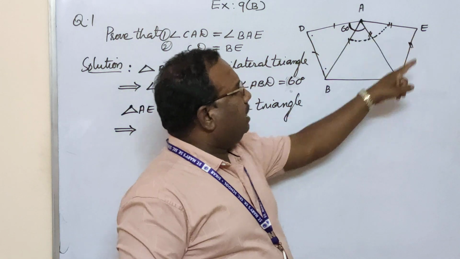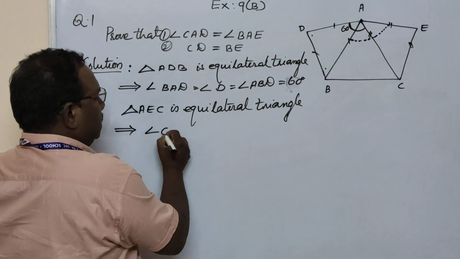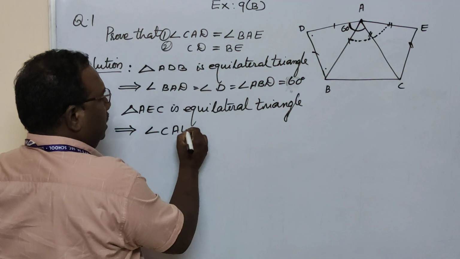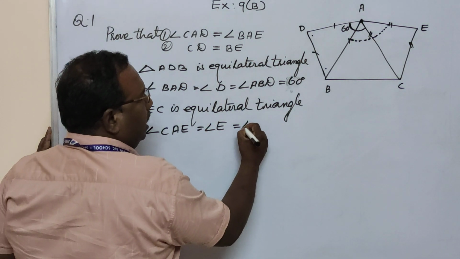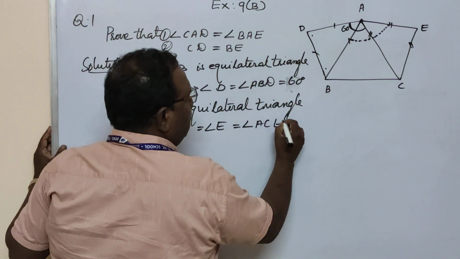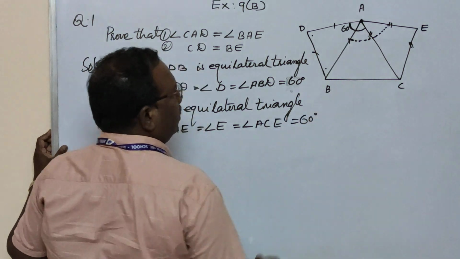Angle CAE is equal to angle E is equal to angle ACE is equal to 60 degrees.